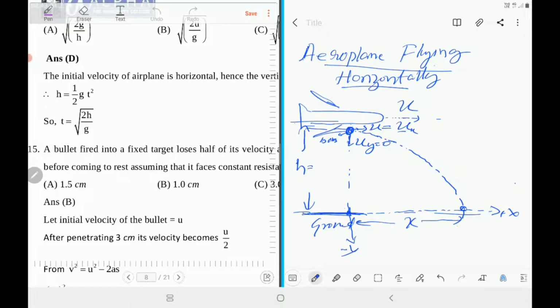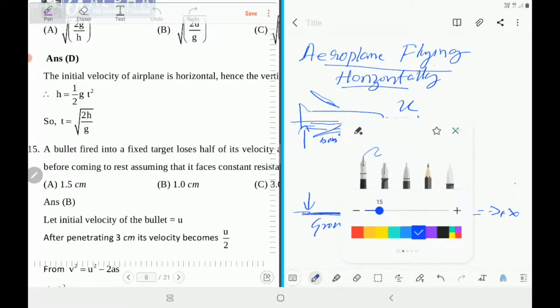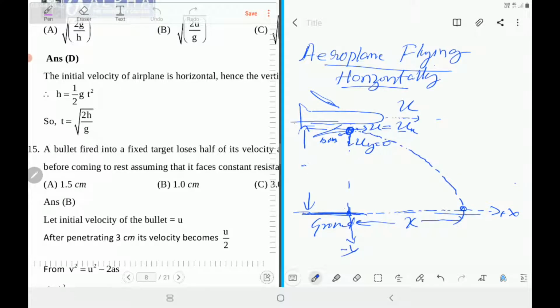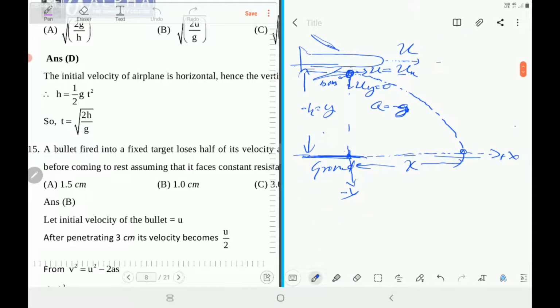So we take y minus h. Y minus h is vertically down. Vertically down, velocity u negative, acceleration due to gravity minus g, all negative. That's why just use the values, the minus sign will be gone.